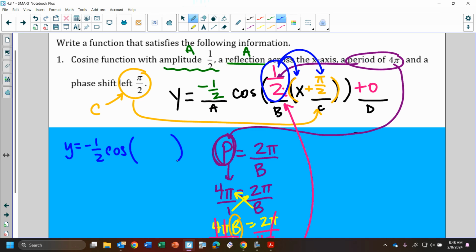Try it with your partner. Take that 1/2 and multiply it to each guy. If your neighbor's out today, find somebody to chat with. Pi over 4. Cool. Think about multiplying fractions. Multiply the tops together, multiply the bottoms together.